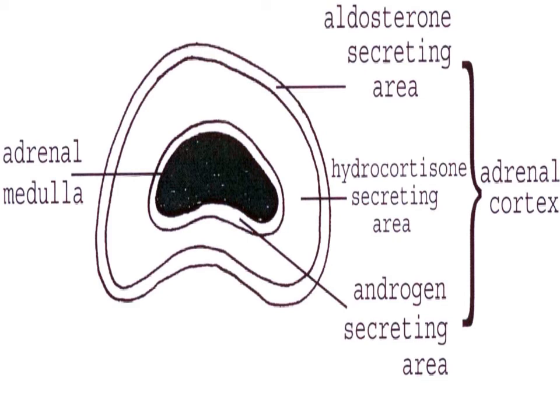The middle layer produces hydrocortisone and other steroid-type hormones. And the inner layer of the cortex produces androgen, which of course is a male-type hormone. So 2 main layers of the adrenal gland, the medulla and the cortex, but the cortex subdivided into other layers that produce different endocrine hormones.